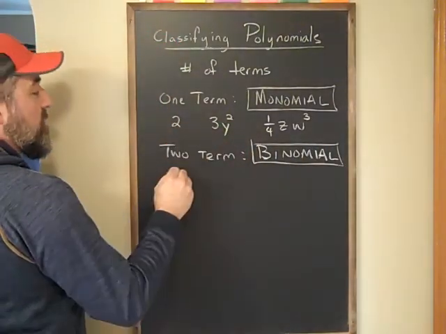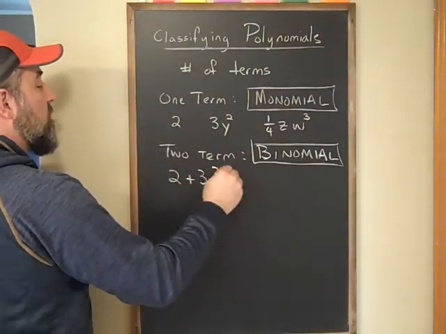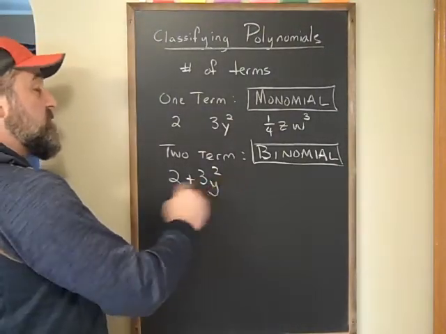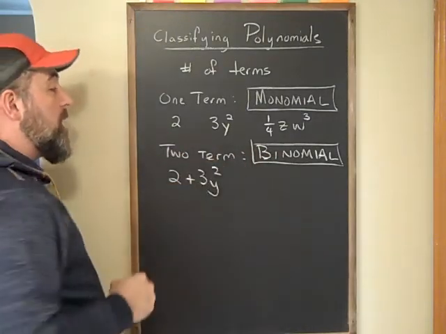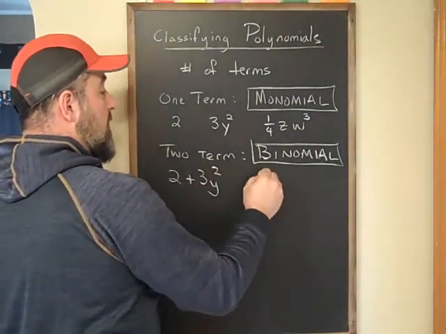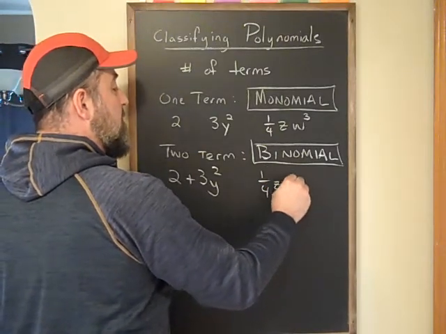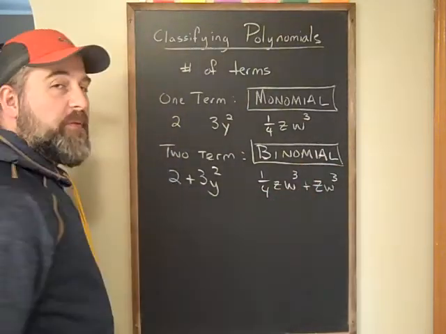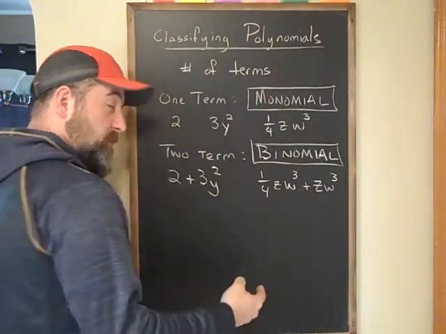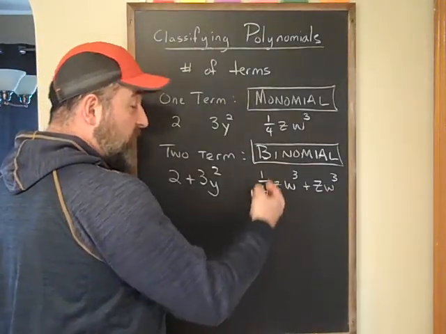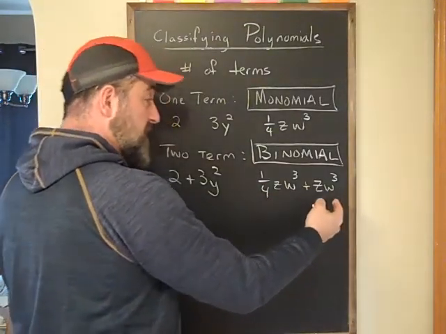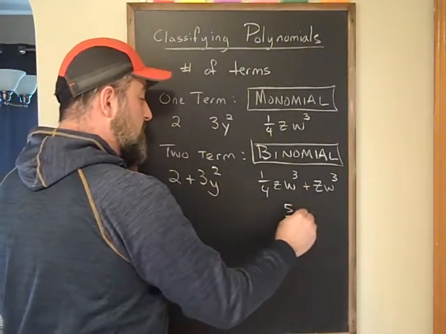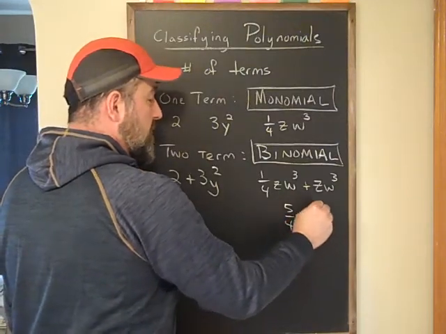So if we were to add those two, 2 plus 3y squared, those can't be combined and simplified because they're not like terms. These 2 terms make a polynomial we call a binomial. If you saw something like 1/4 zw cubed plus zw cubed, this wouldn't be a binomial, and the reason is that you can actually add 1/4 of a zw cubed plus a whole zw cubed, and it adds to be 1 1/4 zw cubed, which I prefer to write as 5/4 zw cubed.